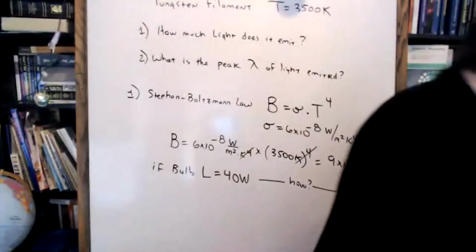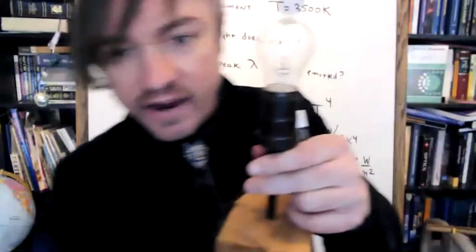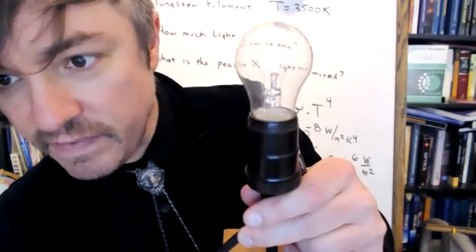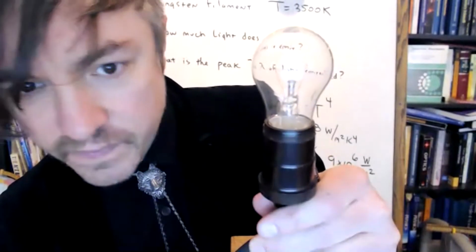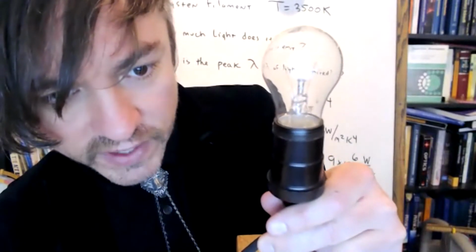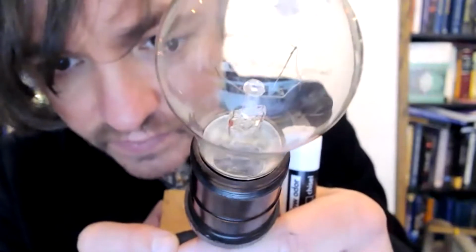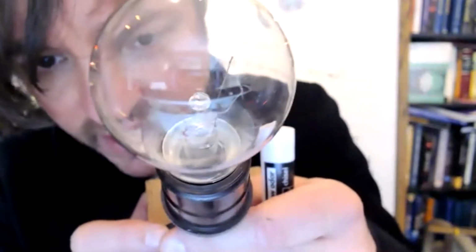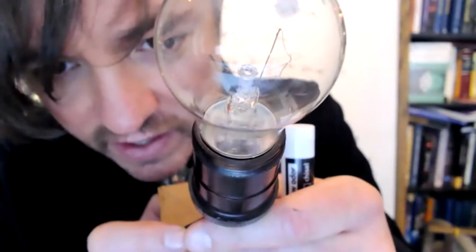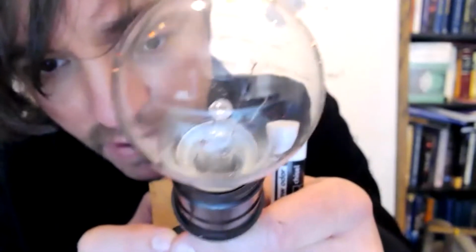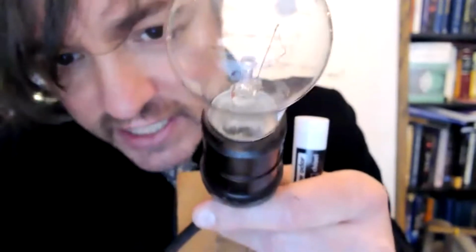Now, look at this little dinky thing in there. You can't even see it without me focusing. Look at your filament. Look at that thing. Imagine breaking the glass, pulling out the tungsten, taking a little ball-peen hammer and just smashing it into a little sheet.